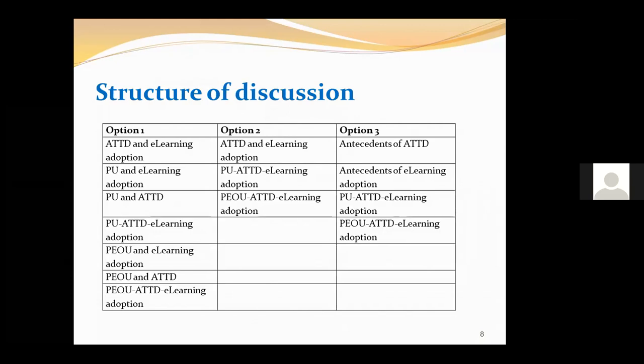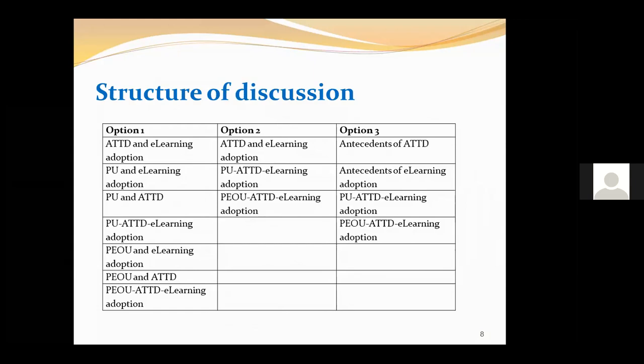You integrate them. You'll start with first discussing the relationship between attitudes and e-learning adoption. Then you tackle the first IV and anything to do with that IV. Then you go to the next IV and anything to do with that IV. That is option number two.